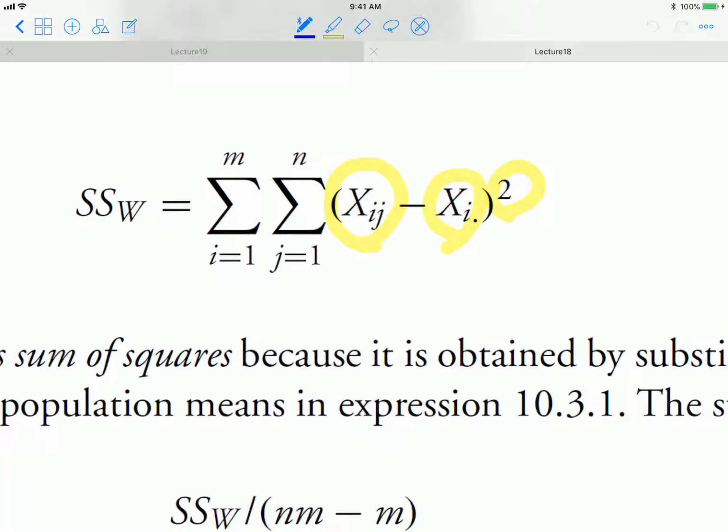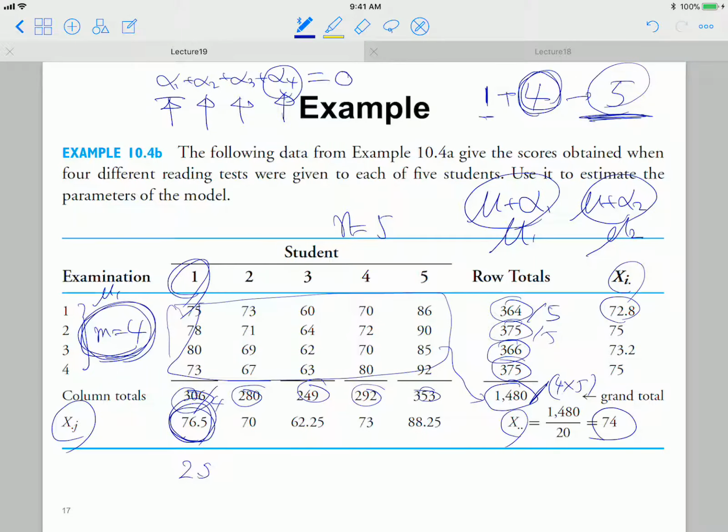if we recall this kind of equation, instead of this mu1, we replaced it with a sample mean. So that has the effect of decreasing the degrees of freedom by 1, right? In this example we have 4 different groups, and we reduce the degrees of freedom by 4, which is the same as the number of parameters that we have to estimate.